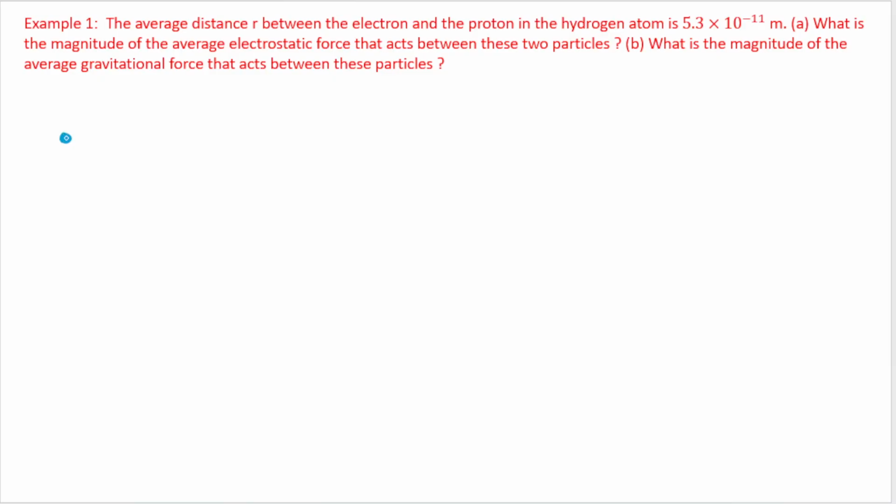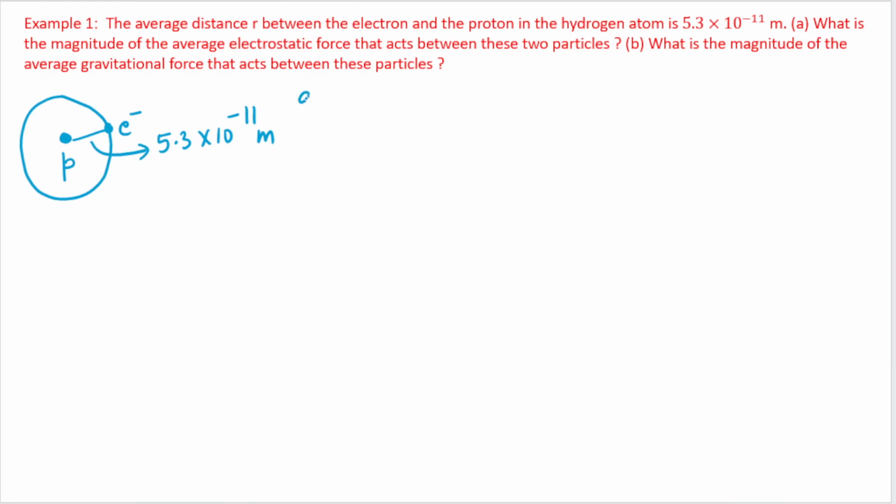This is the nucleus which contains a proton P, and then around it revolves the electron E minus, and the average distance between them is given by 5.3 into 10 to the power minus 11 meters. So this is the planetary model of the atom.